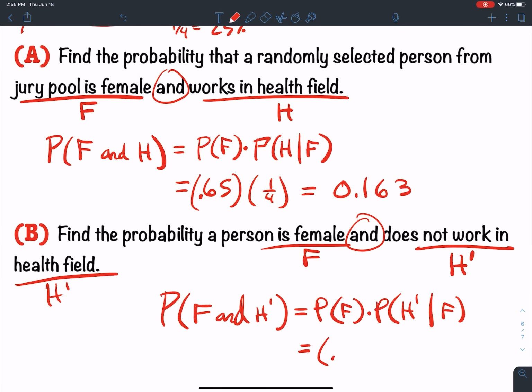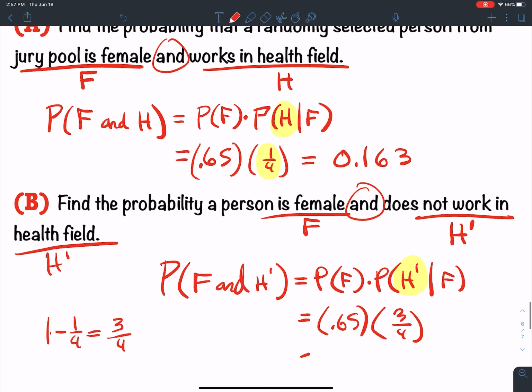Well, female is still 0.65, but what is the opposite of being in the health field? The complement of 1/4 is 1 minus 1/4, which is 3/4, 75%. So 3/4 here. And so if I multiply that out, I get 0.488.